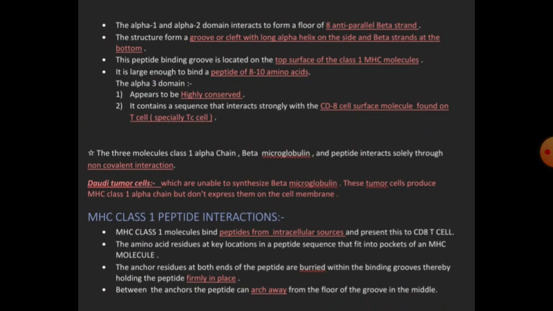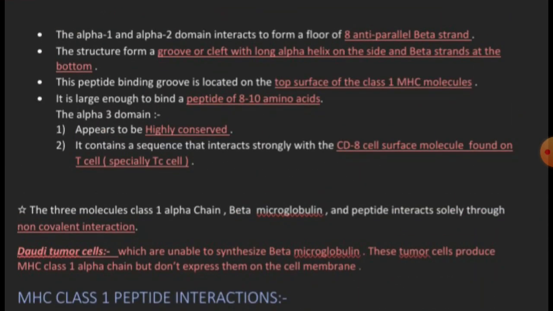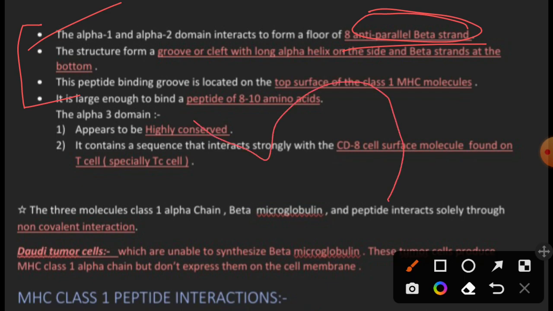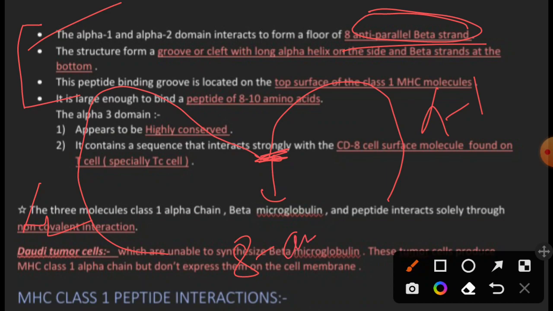So now the last one. I have already discussed this with you. This part is about the peptide binding groove, where the alpha 1 and alpha 2 domains interact to form a floor of 8 antiparallel beta strands. Please remember that if it is class 1, with alpha 1 and alpha 2, this part is 8 antiparallel beta strands, and these two sides are alpha helix.